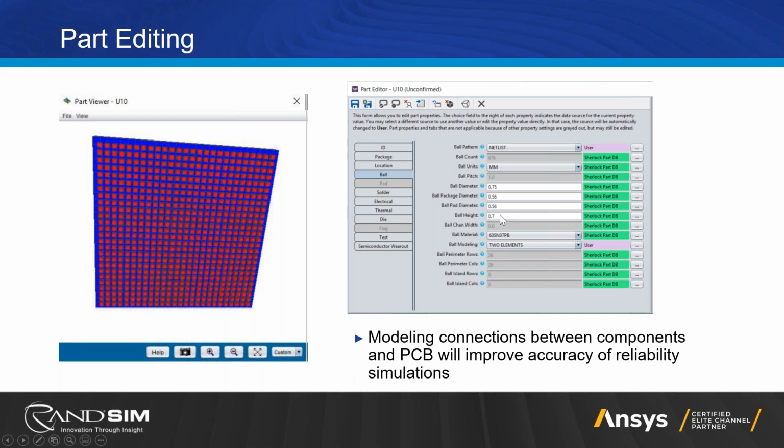And what this is doing is bringing in more fidelity to these specific components. So ones that are really important, like memory chips or microcontrollers, onboard CPUs, anything that has a BGA, this is going to be really important.